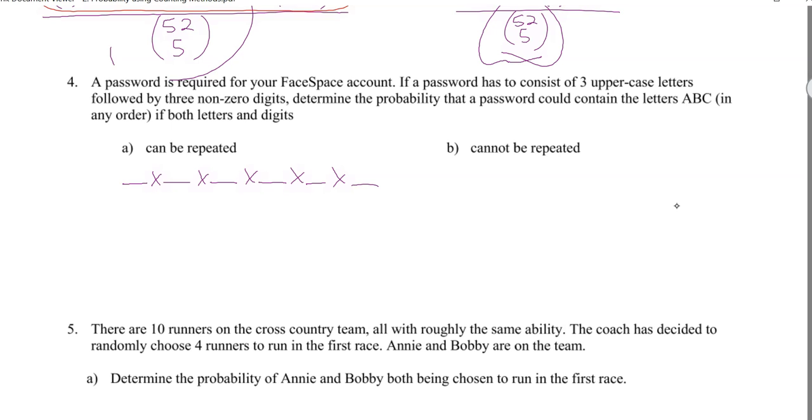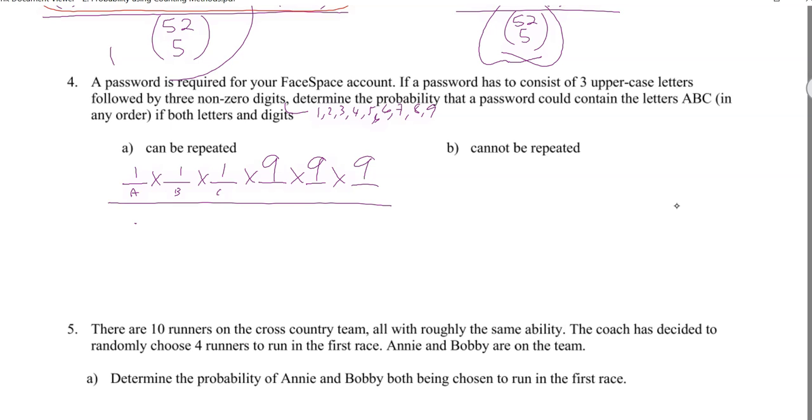So 3 uppercase letters. It's got to contain the letter A once, B once, C once, and any 3 non-zero digits: 1, 2, 3, 4, 5, 6, 7, 8, 9. If we can repeat, it's going to be 9, 9, 9.